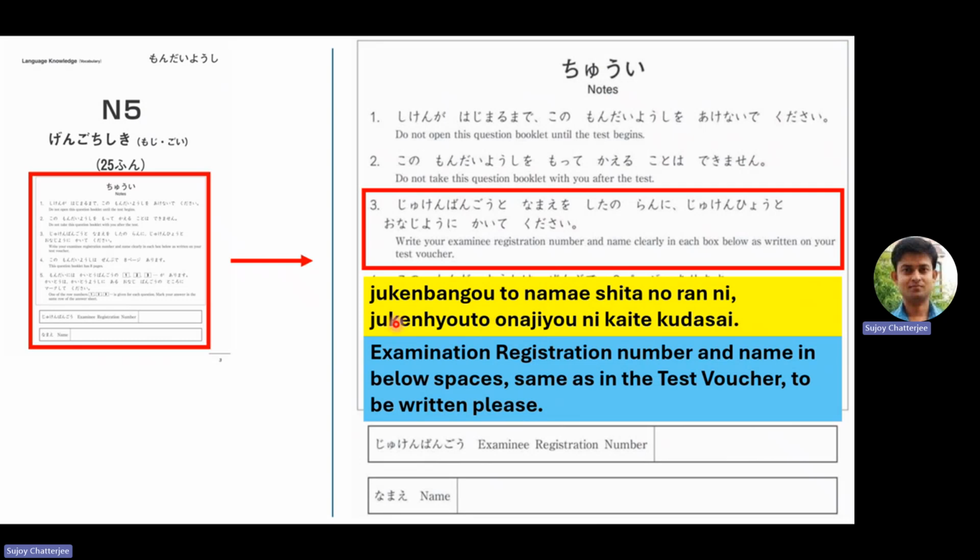Onaji means same and kaite kudasai means please write. That means examination registration number and name in below spaces, same as in the test voucher, to be written please. That is, write your examinee registration number and name clearly in each box below as written on your test voucher. So if you understand the words, then you do not need the English translation. You can easily make out what has been asked.